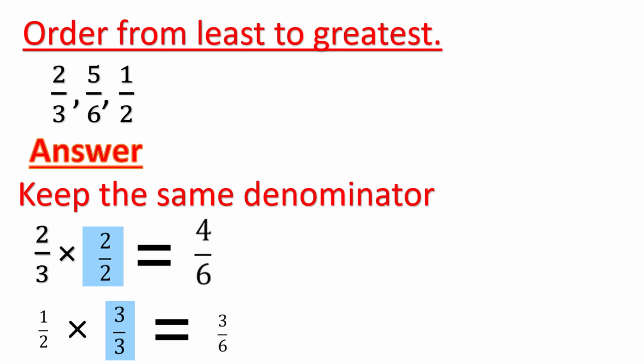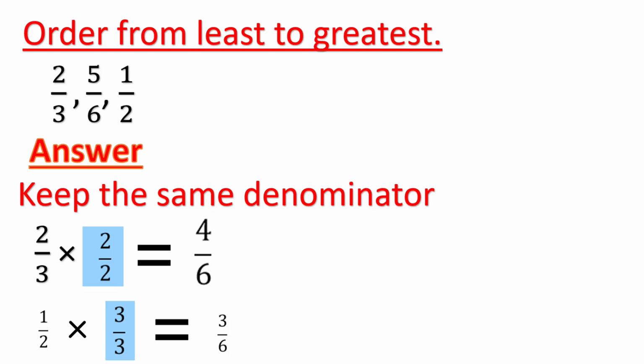Now we can compare between the equivalent fractions or equivalent forms. Which one is the smallest here? We have here 3 over 6, 4 over 6 and 5 over 6. The smallest is 3 over 6, followed by 4 over 6, followed by 5 over 6.